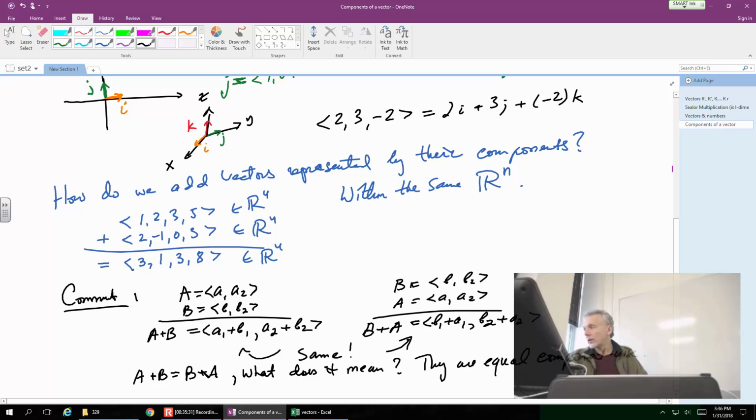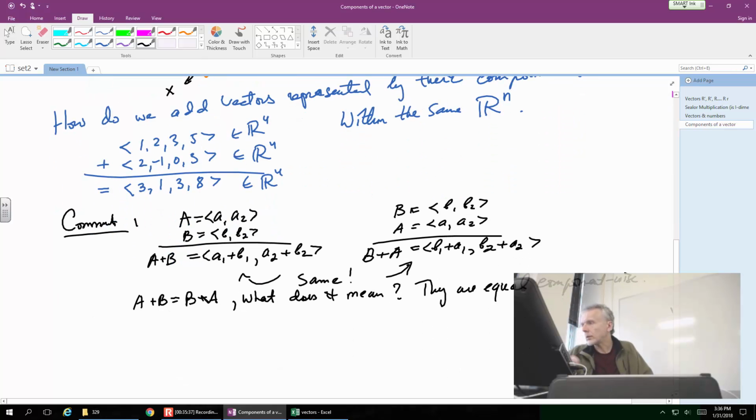Okay, so once again, it's fairly predictable. The only issue here I have is why. So we answer this question. We do want to claim that these are equal in the sense of being equal component-wise. So what I'm saying here is that A1 plus B1 is equal to B1 plus A1, and A2 plus B2 is equal to B2 plus A2.